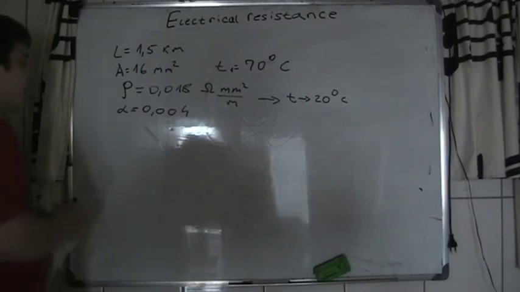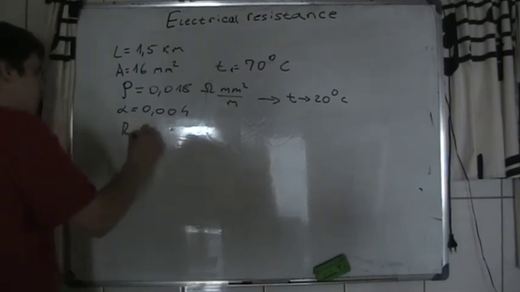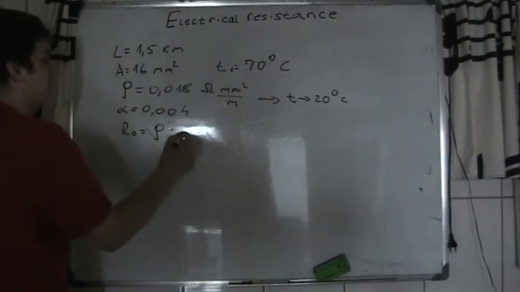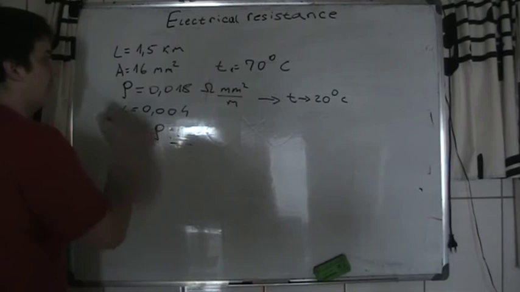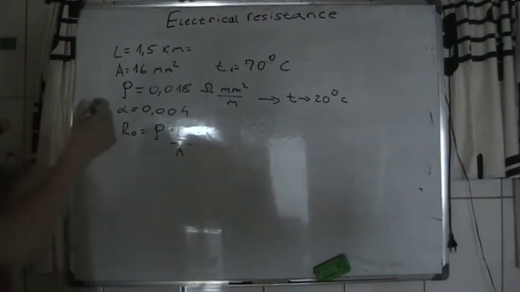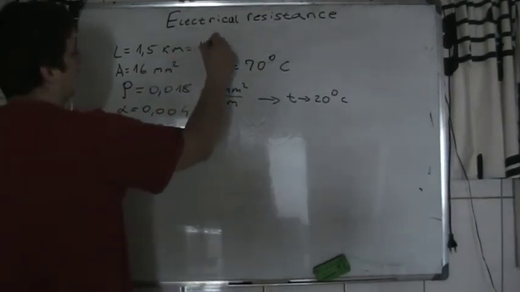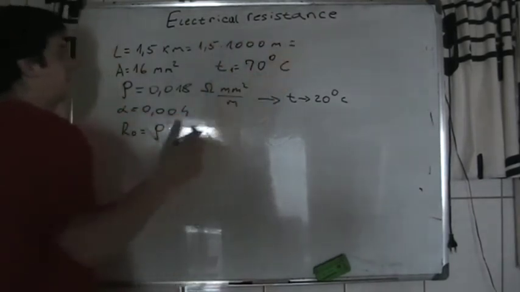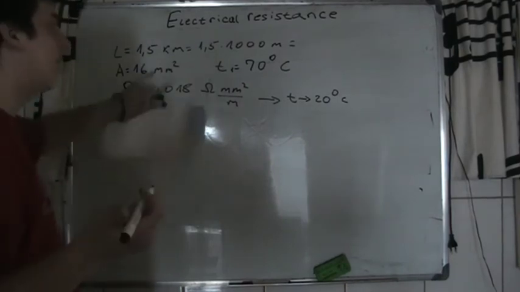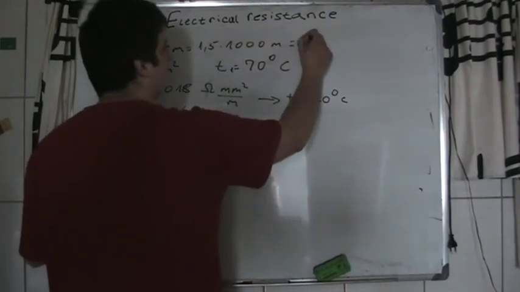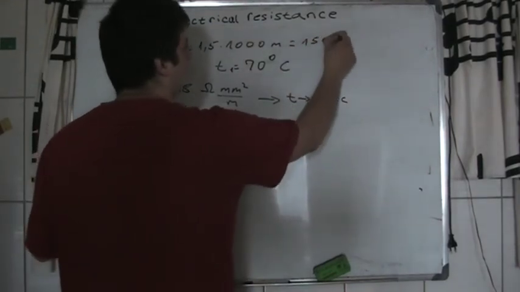Okay, so R0 is equal to specific resistance times length divided by the area, that is A. You have to convert the length into meters, so 1.5 times 1000 meters, because in 1 kilometer you have 1000 meters. You get 1500 meters.